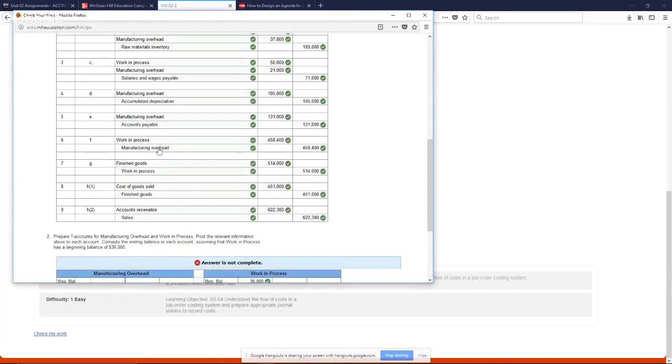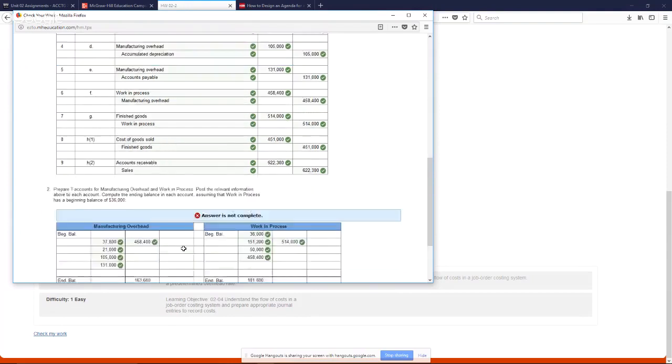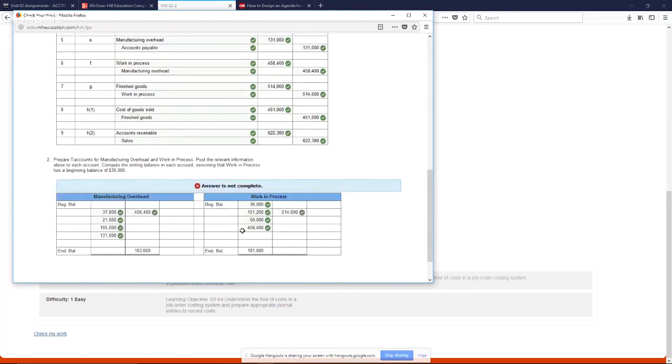Work in progress. So I understand the cost of clearing an account, so maybe that's what I'm forgetting to do. Clear the account? No, because there's no spot.